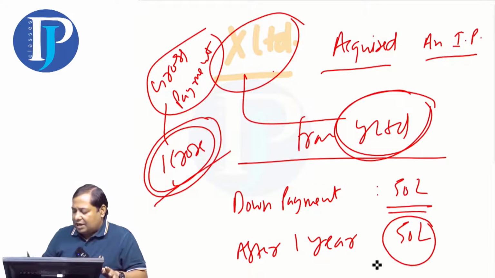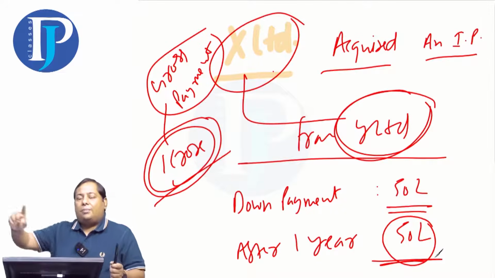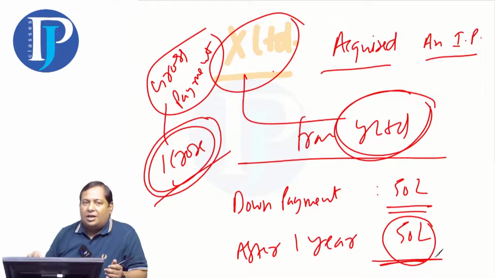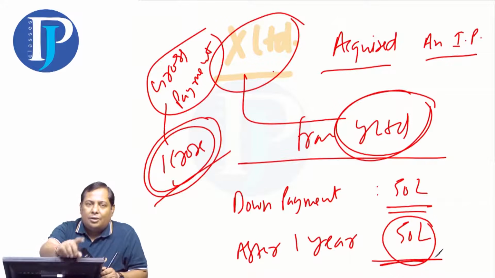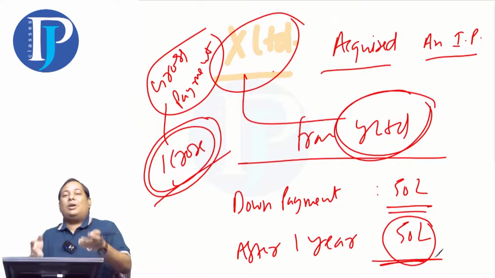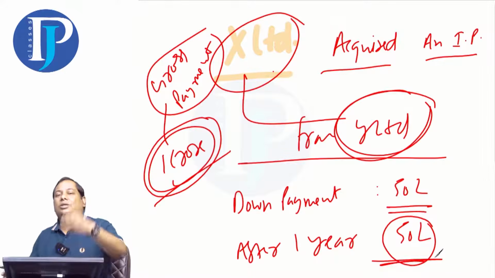But the remaining 50 lakh rupees will have to be paid by you after 1 year. So, after 1 year, there is the inclusion of both an interest component and the time value of money. So, it would be incorrect to state that 1 crore rupees represents the cost of your property. The gross payment cannot be capitalized as a cost of the investment property. So, what are they attempting to convey? They are stating to apply the discount.